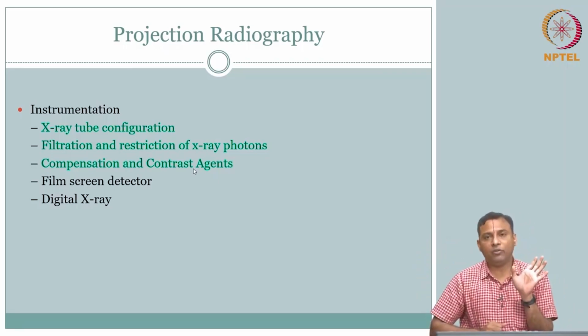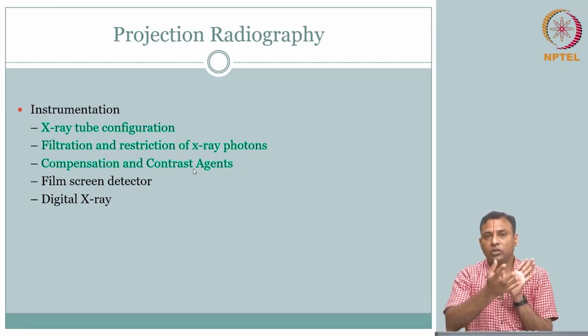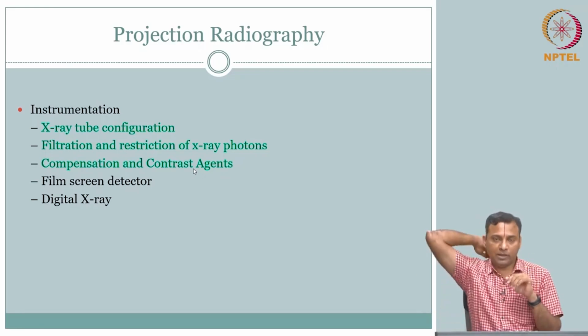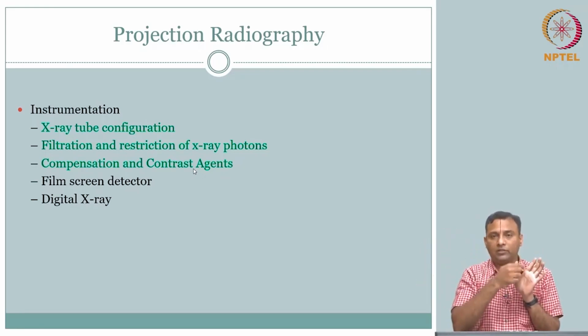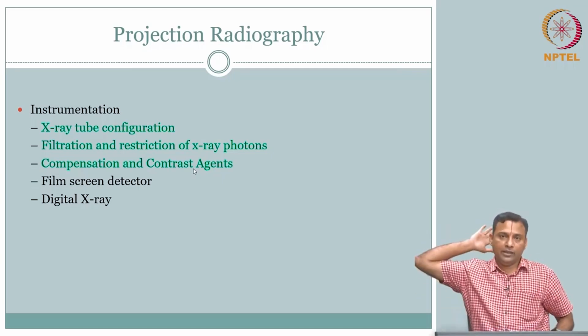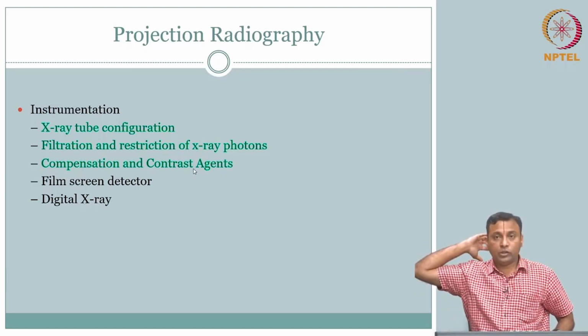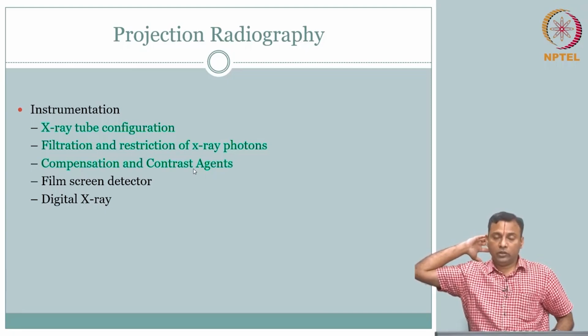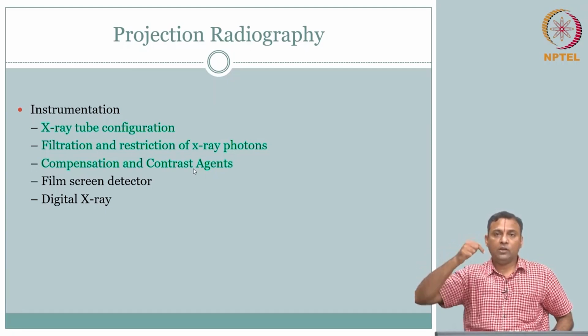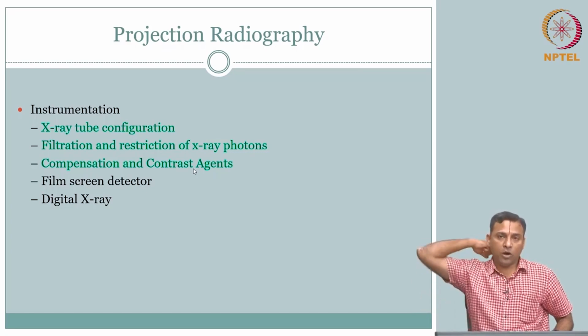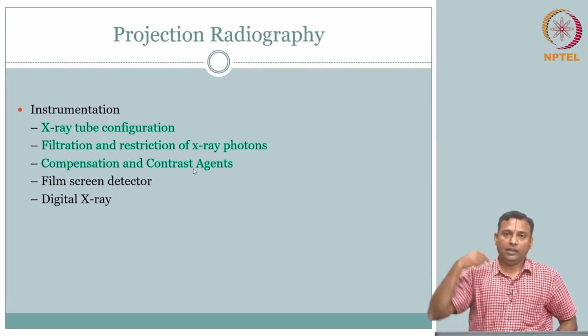So now it is time for us to do two things. One is the instrumentation, so that we can catch whatever is coming through the body. It has to have good signal to noise ratio or contrast to noise ratio, right? So what is our signal? It is the number of X-ray photons coming through the body, having interaction, and then coming out.